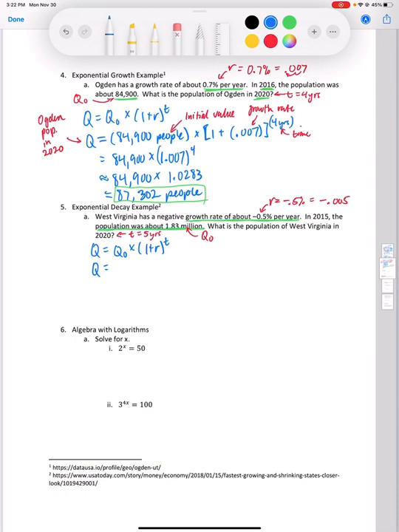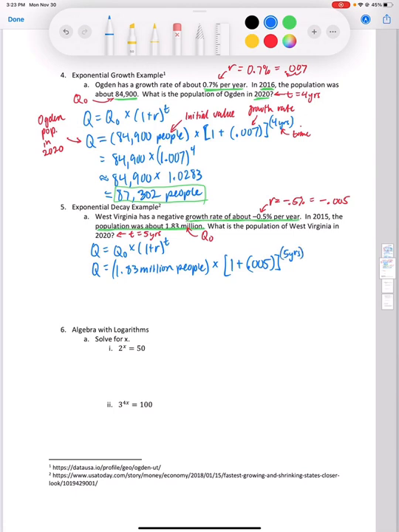So let's go ahead and put in our values. The Q sub 0 is 1.83 million people. So I multiply it by 1 plus 0.005 to the 5 years, because that's the difference between 2015 and 2020.